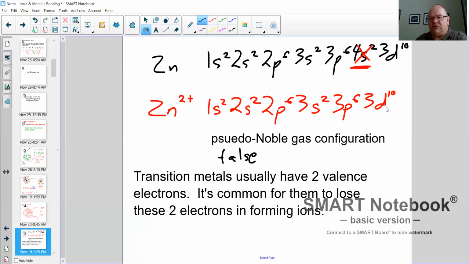And that's a pretty good electron configuration. Okay, so zinc would like to lose those 2 electrons. Transition metals usually have 2 valence electrons, because the S sublevel in front of its last electrons has 2 electrons, and it tends to lose those. It's very common for those to lose 2 electrons.